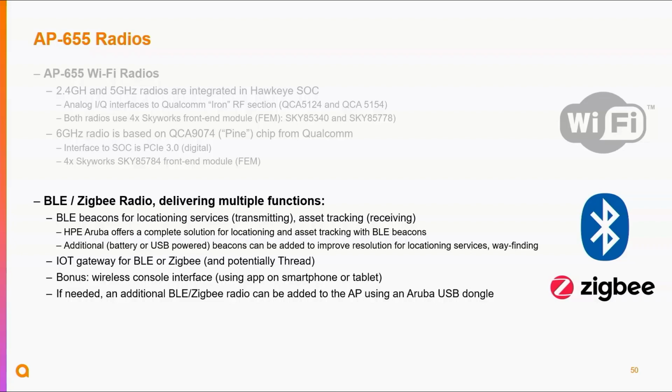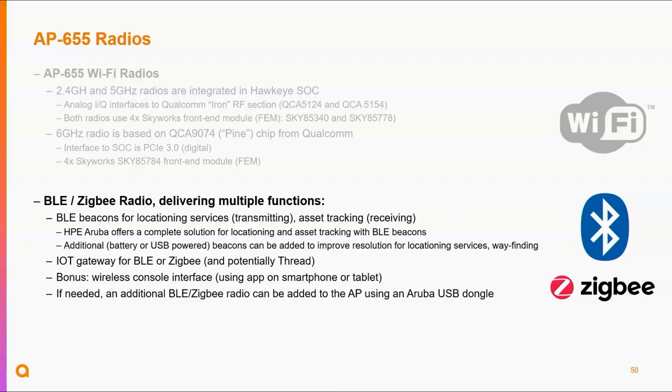No, it doesn't affect the performance. The PCIe interface is designed to do exactly that, to support an additional radio. And when they built the Hawkeye chipset, they were building it for this specific use case, right? For a 6 gig high performance radio. There might be some digital interference, and that's why all the shielding is there.